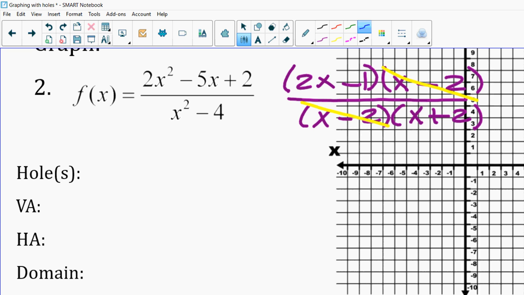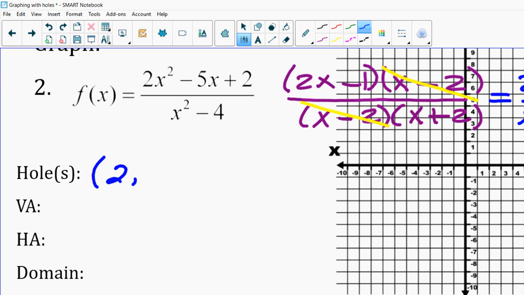As soon as you have a common factor that factors out, you say, I got a hole. What X value makes that thing you factored out equal to 0? The X value of your hole is 2. Now let's look at what we've got left. We've got 2x minus 1 over x plus 2.